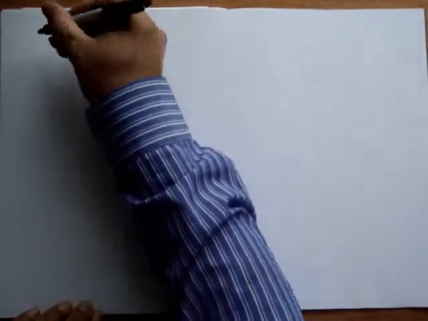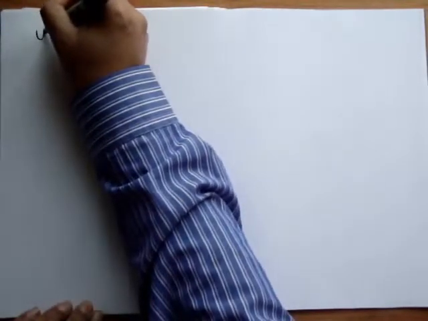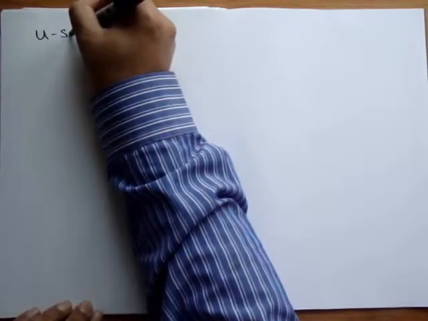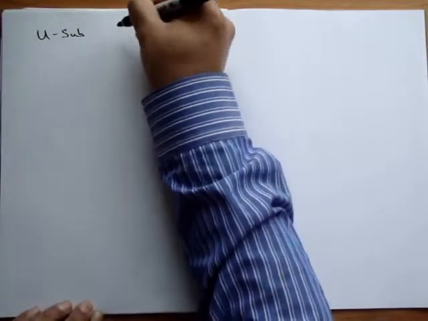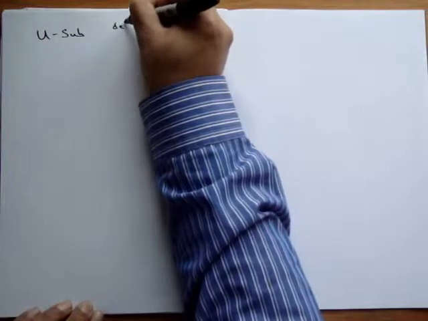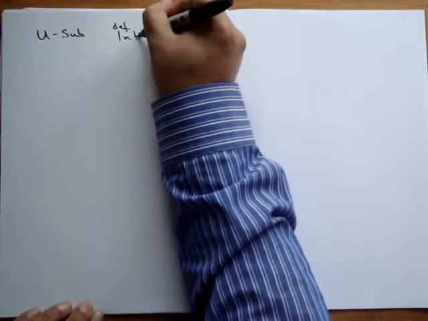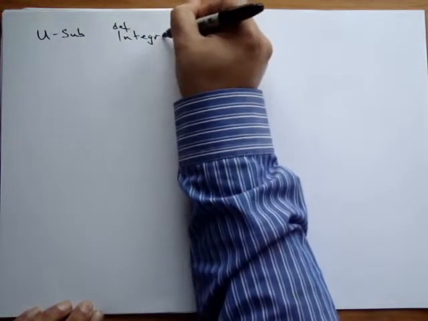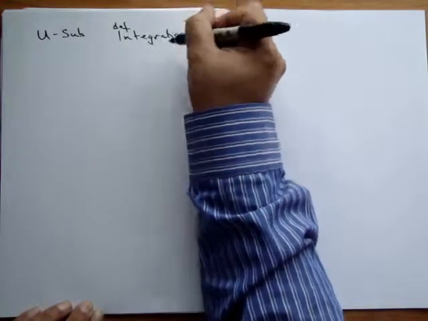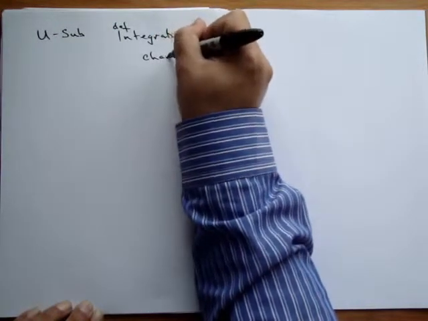A very important technique used when we do definite integrals is that we can sometimes change the limits to make integration easier. So it's used when we have u substitution and definite integral, and we change the limits.